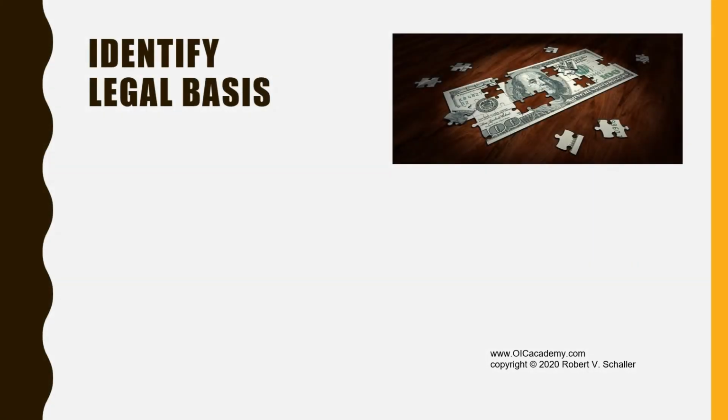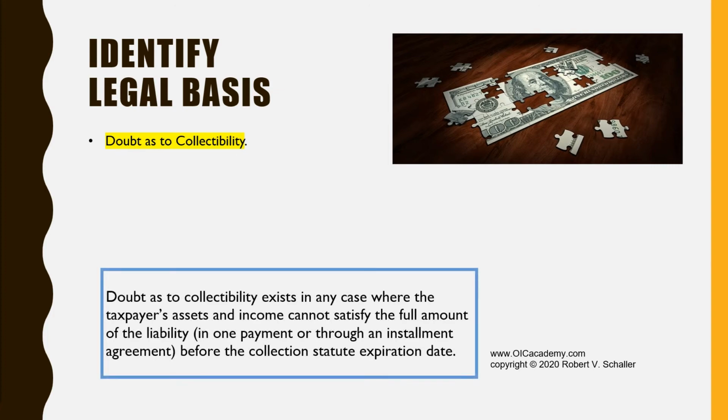Any taxpayer who seeks to compromise back taxes must identify the legal basis supporting his or her request on Form 656. The first basis for compromise is doubt as to collectability, and it's the exclusive focus of this website. Doubt as to collectability exists in any case where the taxpayer's assets and income cannot satisfy the full amount of the liability in one payment or through an installment agreement before the collection statute expiration date, or CSED.